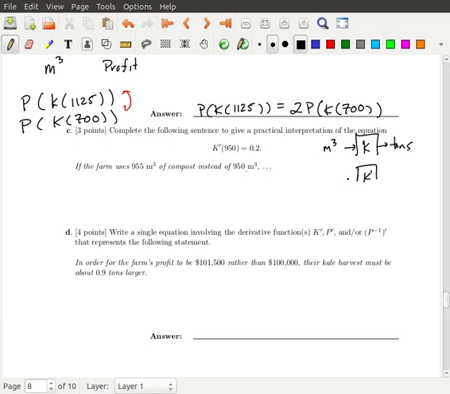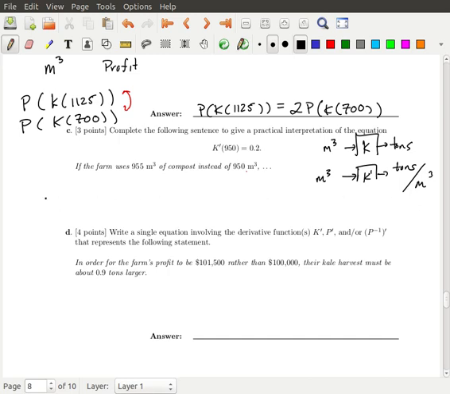K prime, the derivative of a function, has the same x units, but its y units are the original y units over x units, tons per meter cubed. So now I know 950 is meters cubed. This is saying if we increase meters cubed by 5, how much should tons go up?